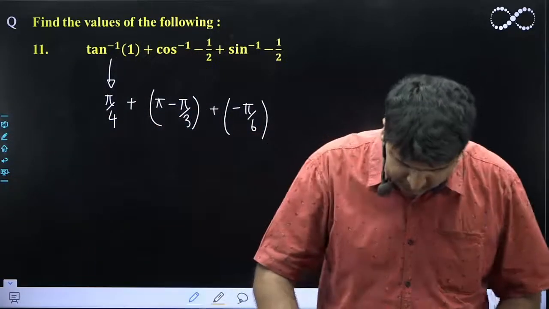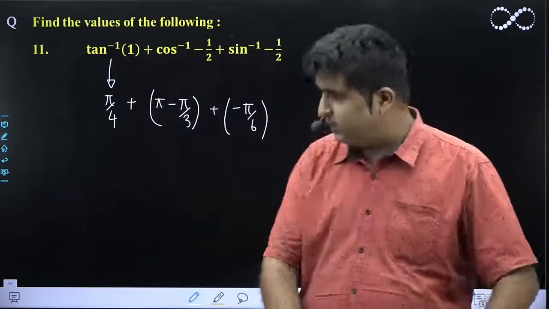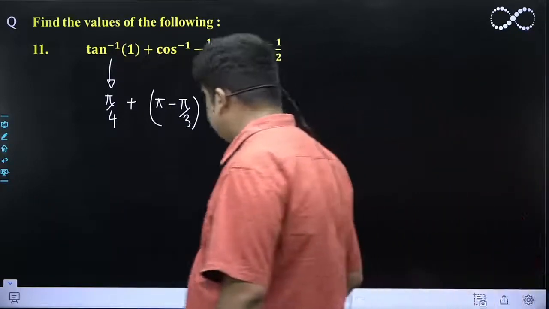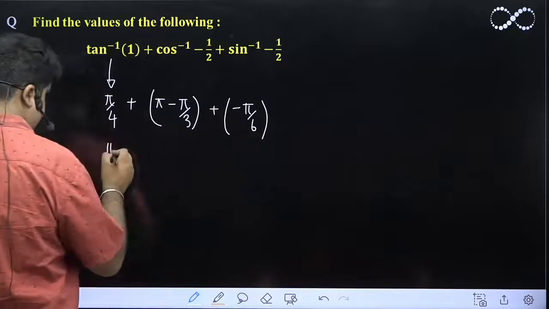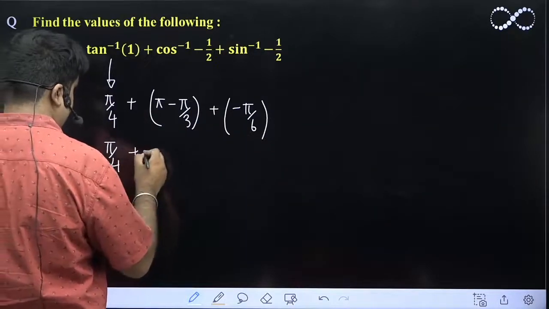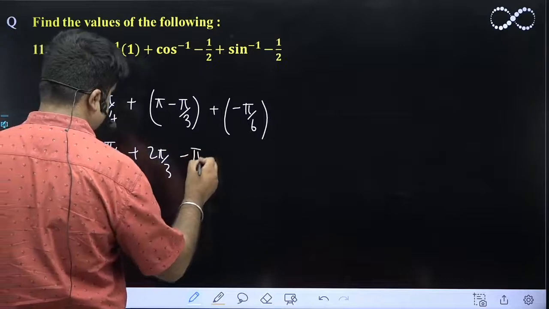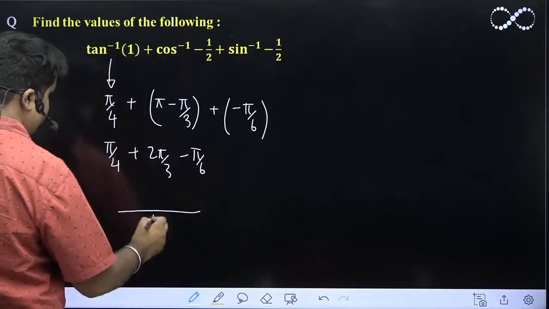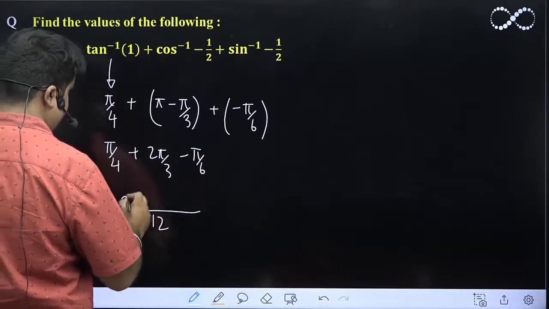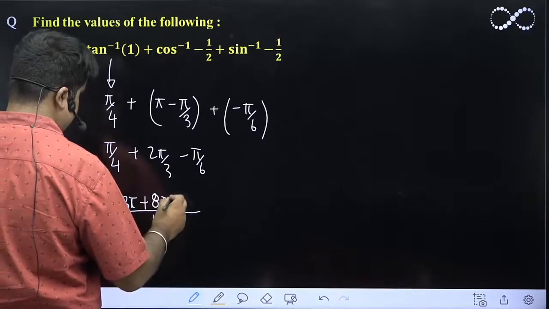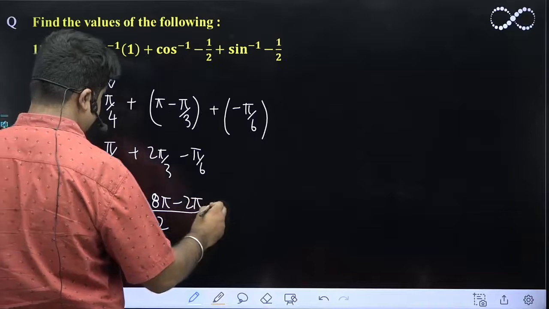So first one is pi by 4, second one is pi minus pi by 3, and third one is pi by 6. So this is pi by 4, 2 pi by 3, plus pi by 6. Take the LCM 12: 3 pi by 12 plus 8 pi by 12 plus 2 pi by 12.